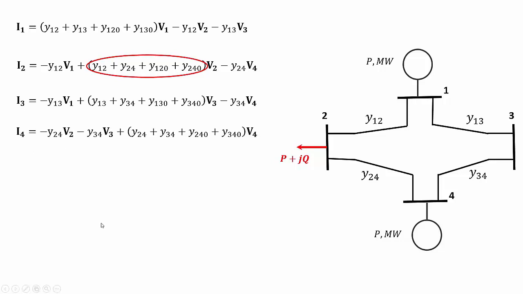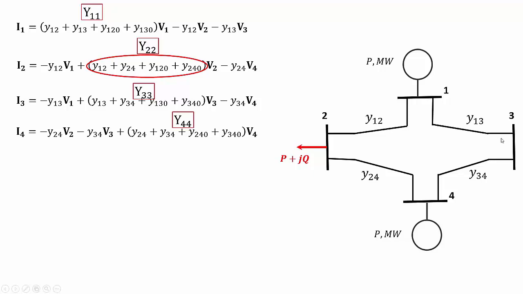So now we have the currents out of the buses, each bus. Y11, Y22, the diagonal element, I'm going to put this in a matrix, for any bus bar are the sum of all the elements, including to ground, connected to that bus. And the off-diagonal elements are the negative value of the admittance of the transmission link between the lines.